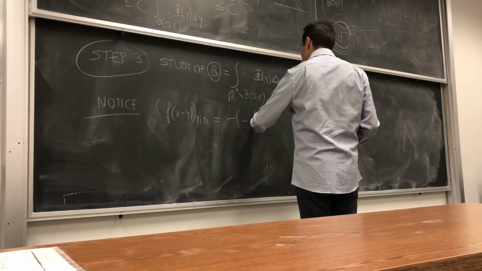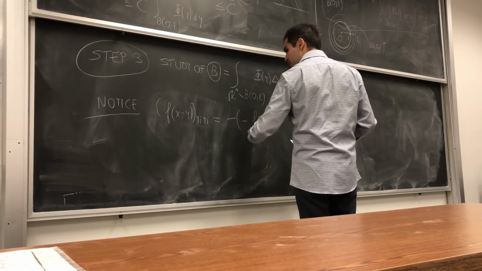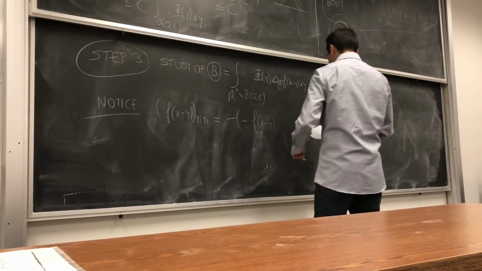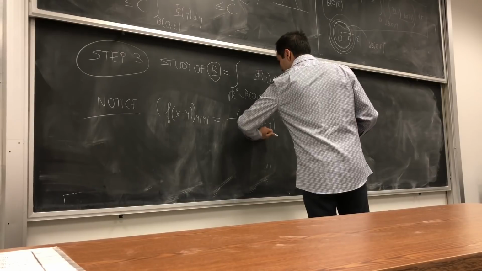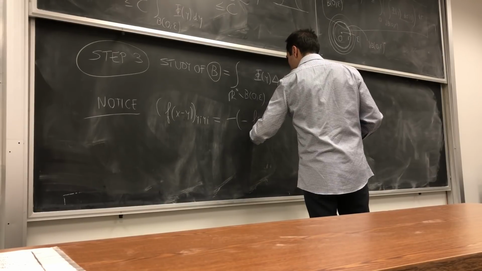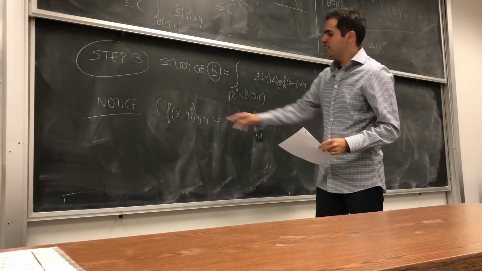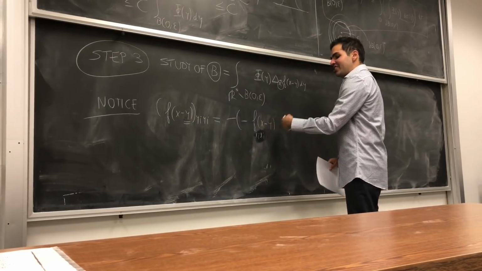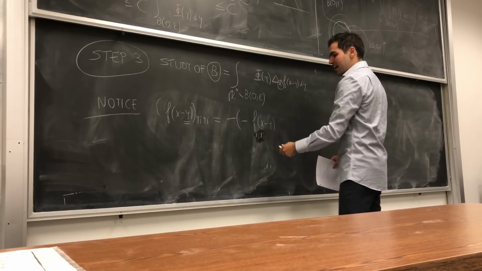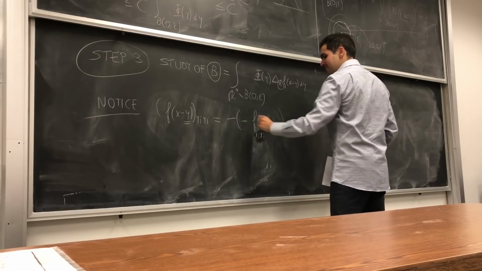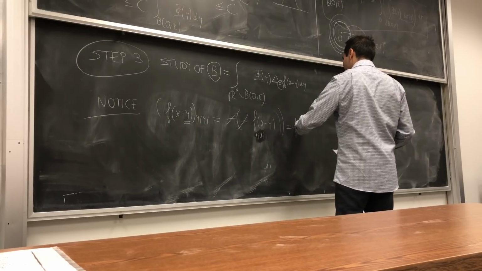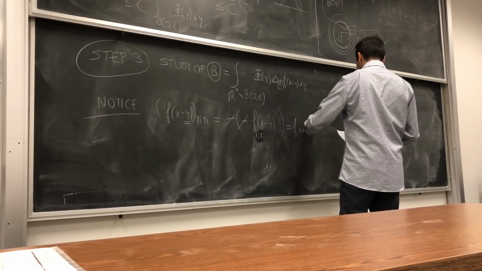In other words, if you differentiate with respect to this variable, it's like you differentiate the inside twice, but with two minus signs, and you're left with f of xi, x minus y.